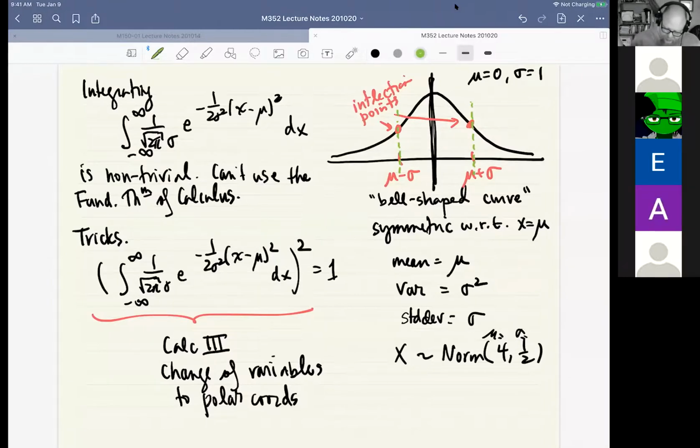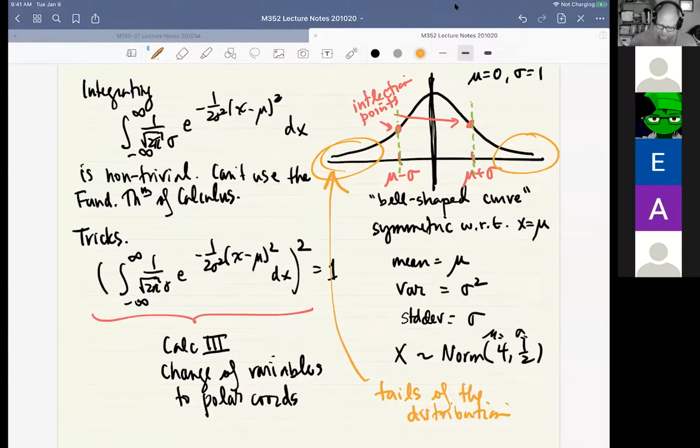And then these things outside, these things out here, these are often called tails of the distribution. Okay, so this is the left tail. This is the right tail. Lots of distributions have tails. This is the first one that we've seen that has a tail because this is the first distribution that is doubly infinite. Since it's symmetric, the right tail and the left tail have the same shape. Some distributions aren't symmetric.